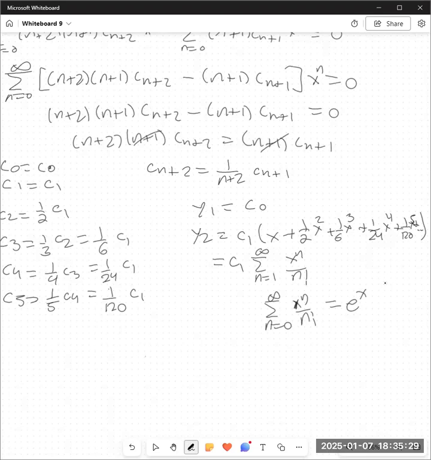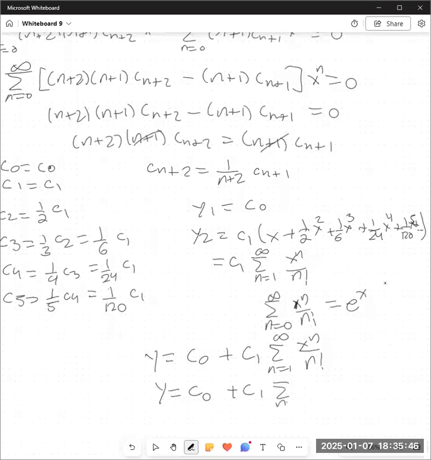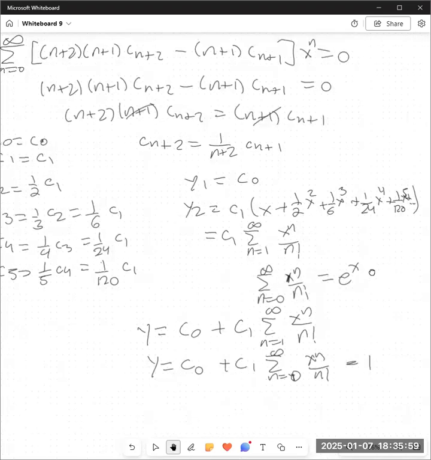Let me show you what I mean. My y total right now is C0 plus C1 times the summation n equals 1 to infinity of x to the n over n factorial. If I change this index to be n equals 0 to infinity to add another term in here, then I've just added 1 to the series, so I subtract 1 to balance it out.